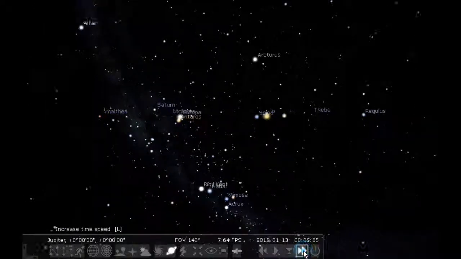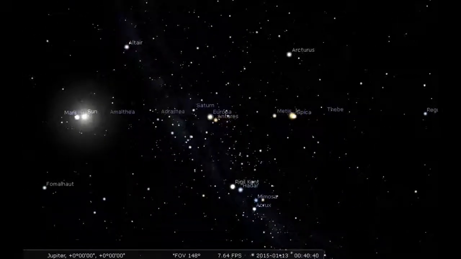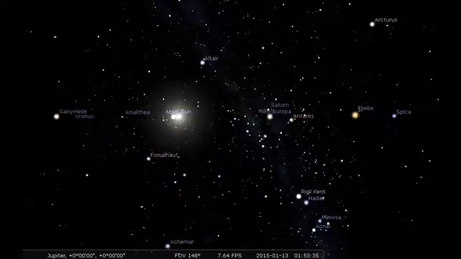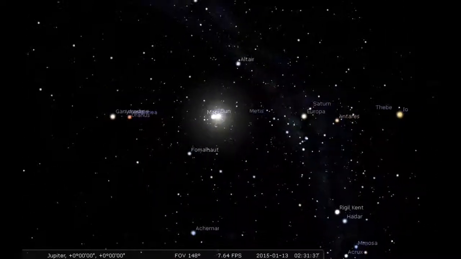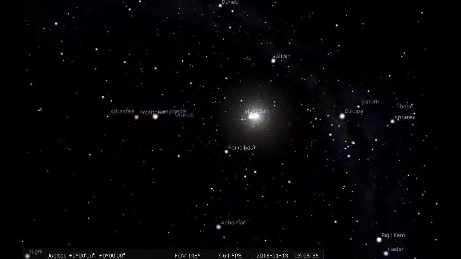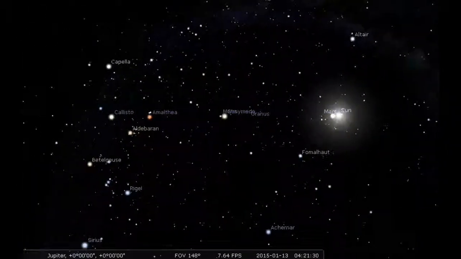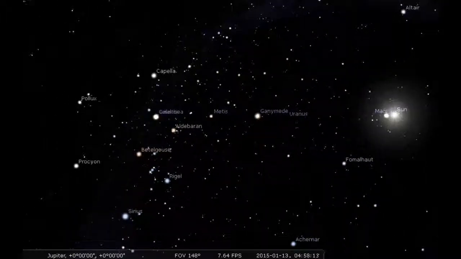But let's hop on to the equator of Jupiter just above the atmosphere and speed up time a little bit and watch the next 24 hours of Jupiter's sky. You can see Io and Europa moving towards the Sun to their eventual transits.